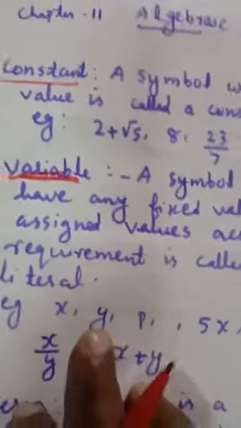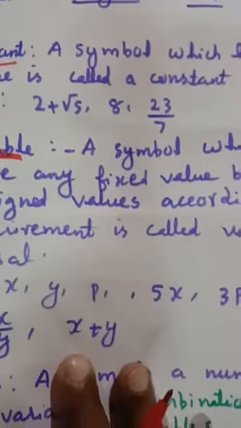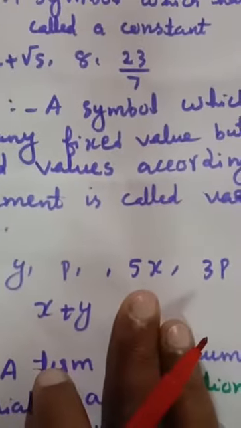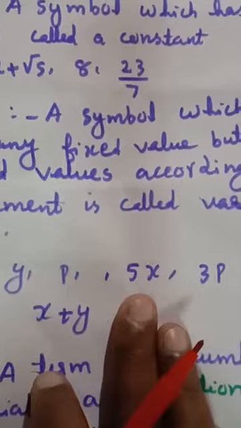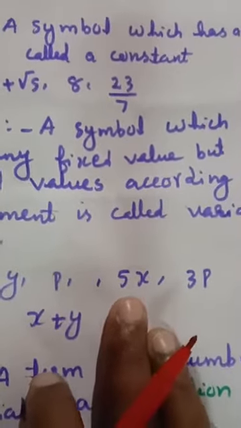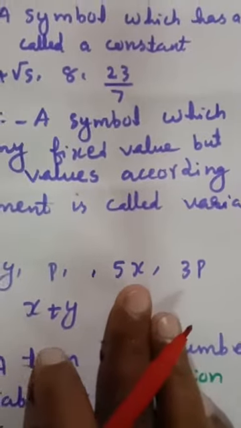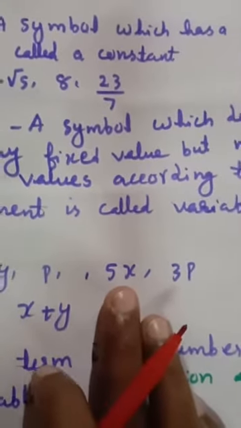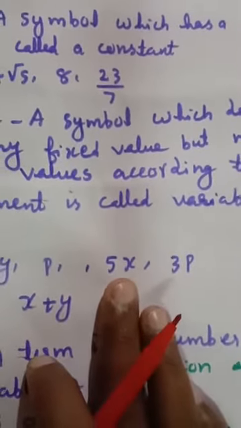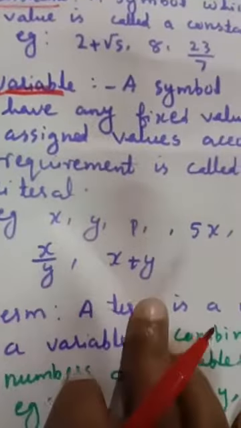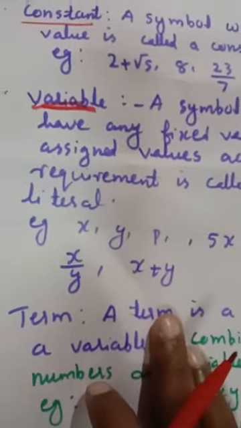For example, x, y, p, 5x. See, 5x means its value will vary depending upon the value of x. If we give 0 to x, 5 into 0 is 0. If we give 1 to x, then 5 into 1 is 5, like that. 3p, x by y, x plus y are examples of variables.